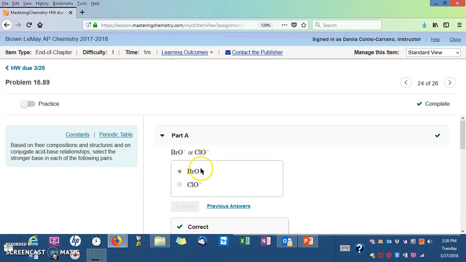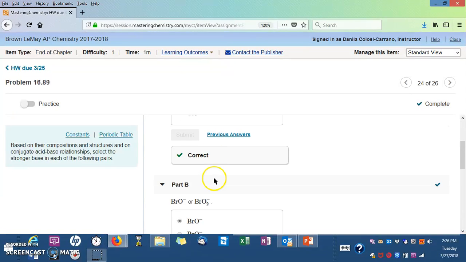Both of them, when they are combined with the H, are weak acids. They want to know which is stronger. The weaker acid is the one that has the BrO minus. And so the stronger base comes from the weaker acid, because it does not have many oxygens or electrons to get rid of. So this is the one that becomes the most polarizable, so this one also becomes the stronger base.